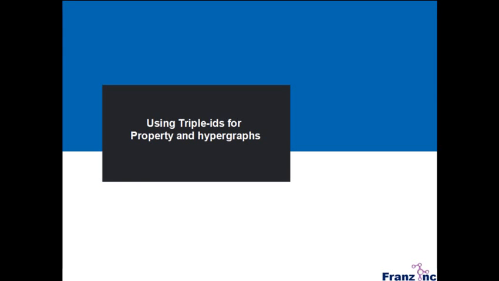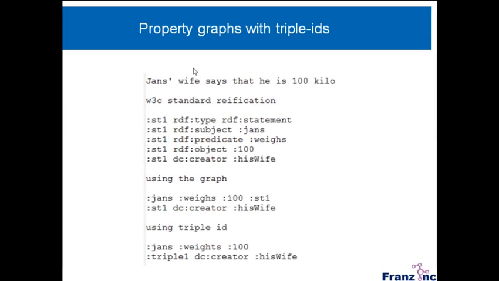Yeah? So say I want to do a property graph with triple IDs. Say I want to do the statement, Jan's wife says that he is 100 kilos. If you use the typical W3C standard reification, then you would say, well, there's a statement, a type statement, and the statement has a subject, Jan's, predicate weighs, and object 100, and then the creator of the statement was his wife.